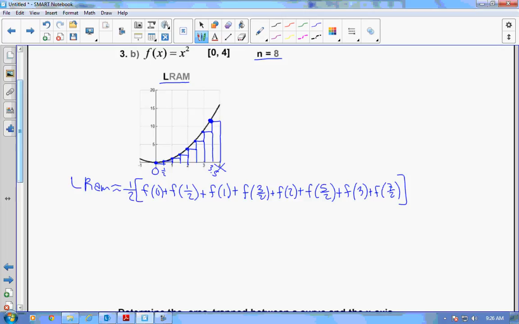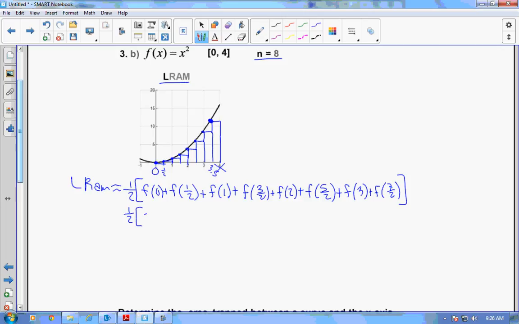Do it without a calculator. Most of the test is non-calculator. If you guys keep them as fractions, it's not too bad. You'll have common denominators, because you're just squaring.